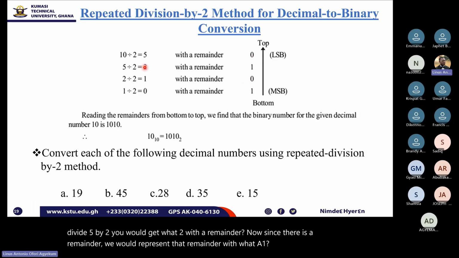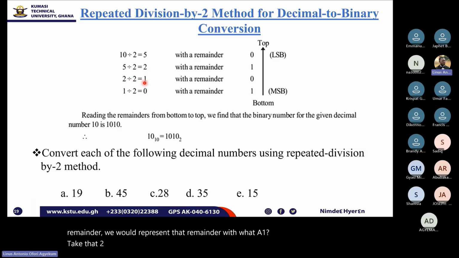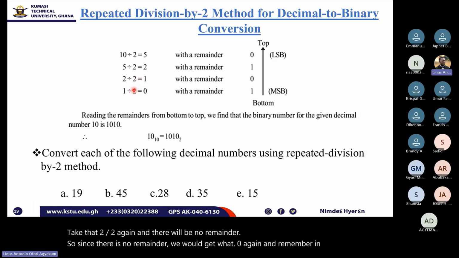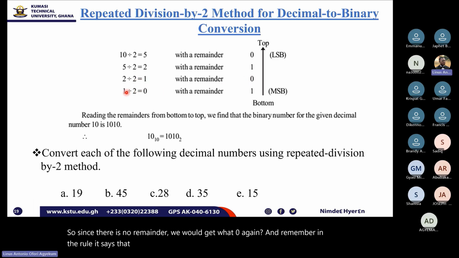Take the 2, divide it by 2 again, and there will be no remainder. So since there is no remainder, we would get 0 again. And remember, the rule says that you divide until you get a 0 whole number quotient.